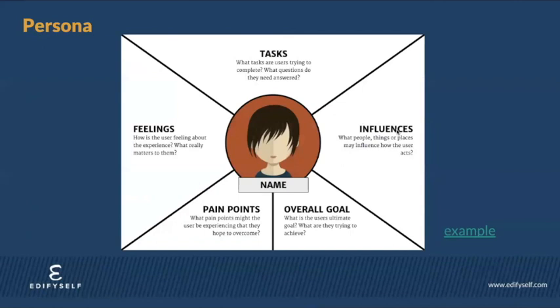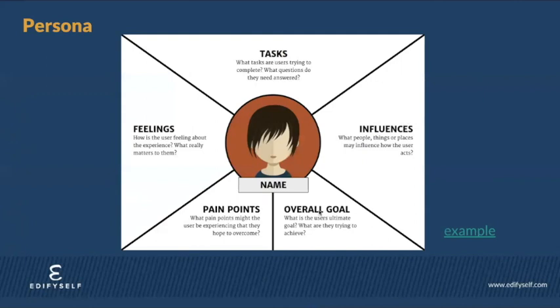For example, the kind of environment he is in, the kind of people he lives with, and the kind of weather that is around there. Because all of these things shape the person, and they will decide what kinds of decisions he takes, what likes and dislikes he has, and whether he would like your app or not. So that's why influences are important.